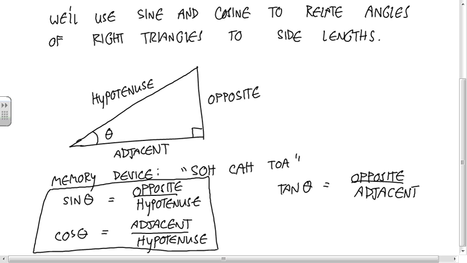A student did come in with a calculator and I couldn't figure out how to do it, but usually it's the same in every calculator. Okay, so notice, set your calculator in degrees.